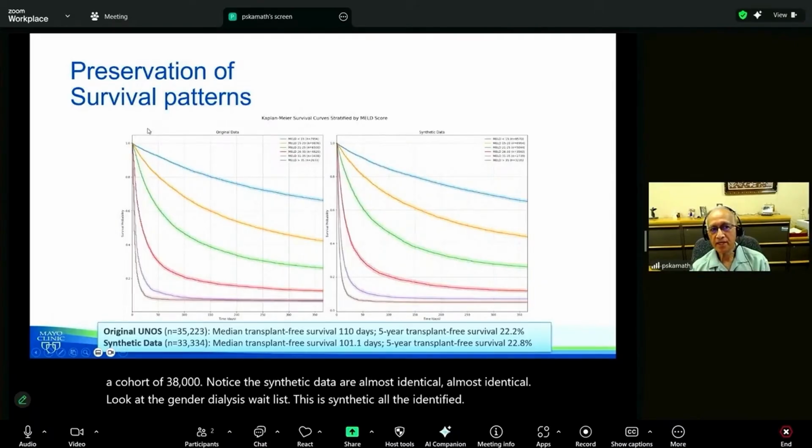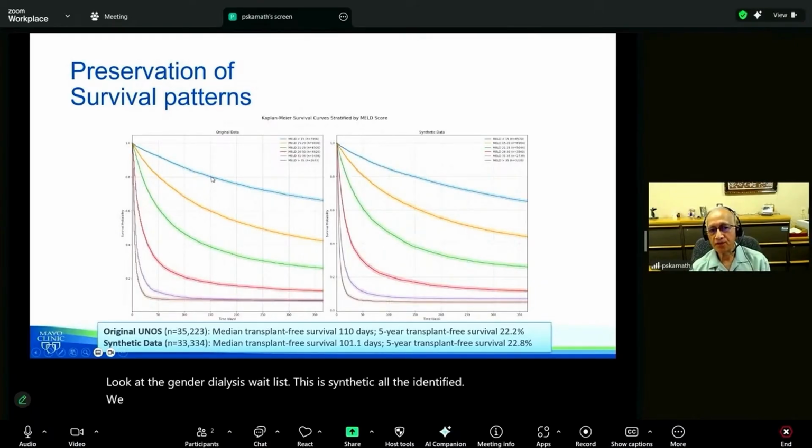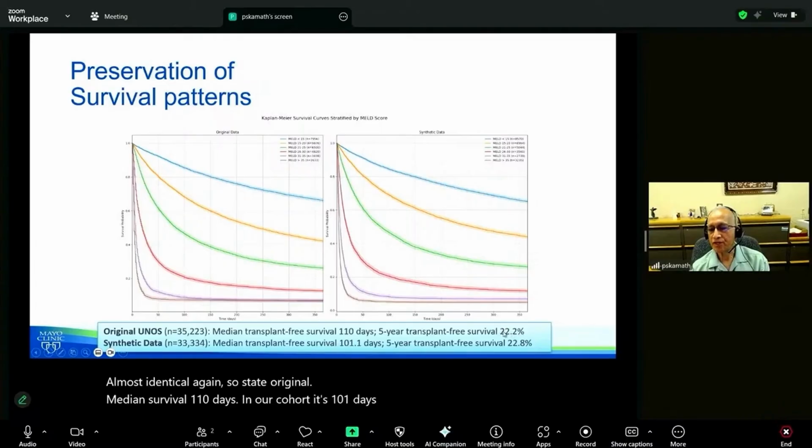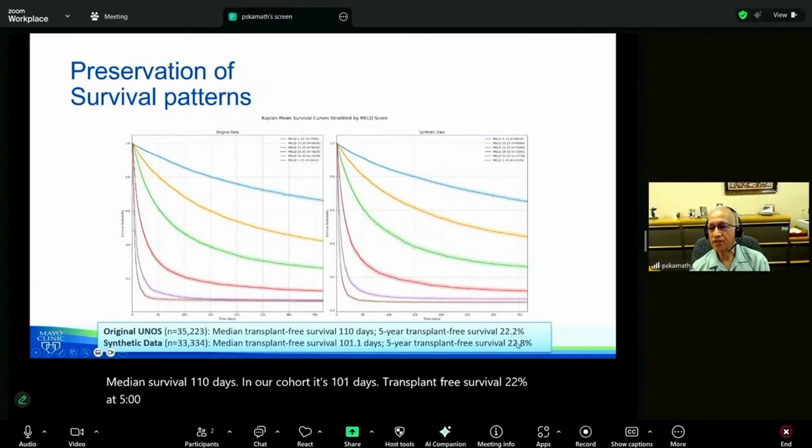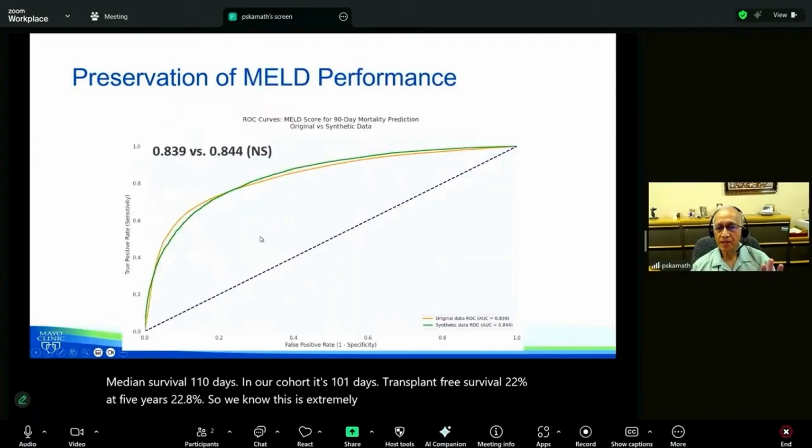We find survival patterns of the real data and the synthetic data almost identical again. So UNOS data original, median survival 110 days. In our cohort, it's 101 days. Transplant-free survival 22% at 5 years, 22.8%. So we know this is extremely accurate. It preserves the MELD performance.